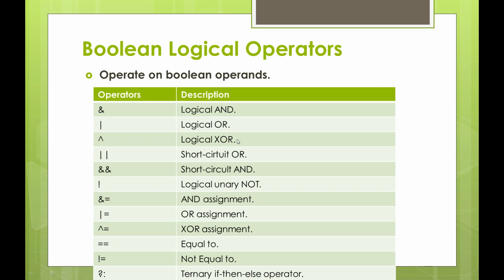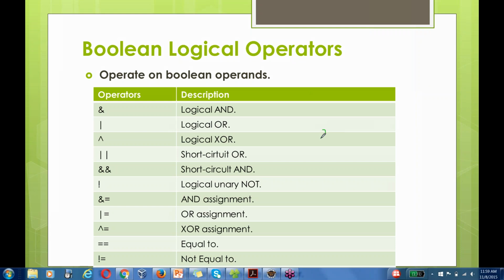Exclusive OR means, for example, when you take two variables x and y, when the values of x and y are equal, this results in false.